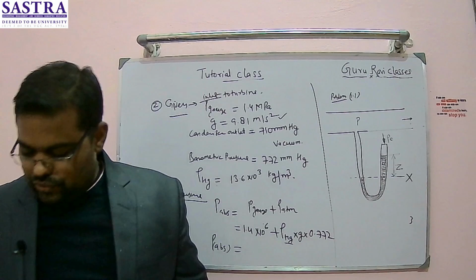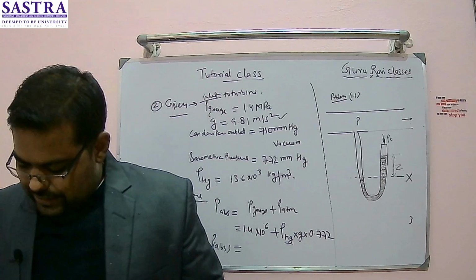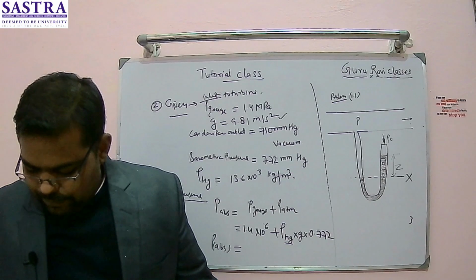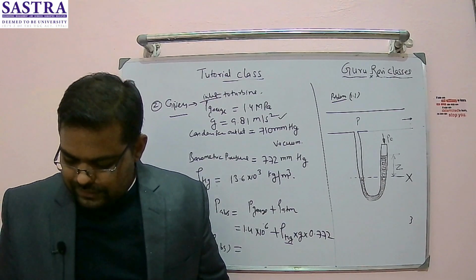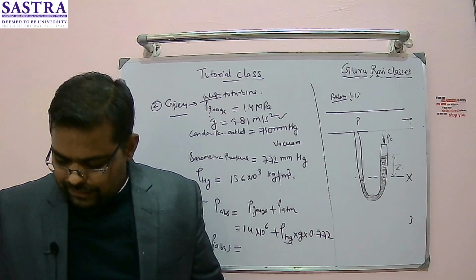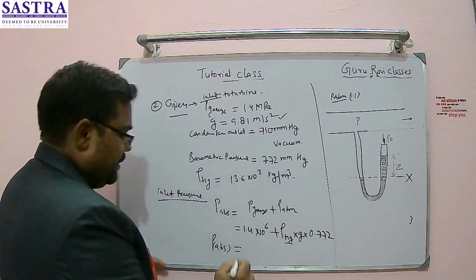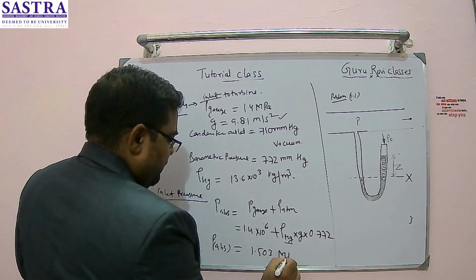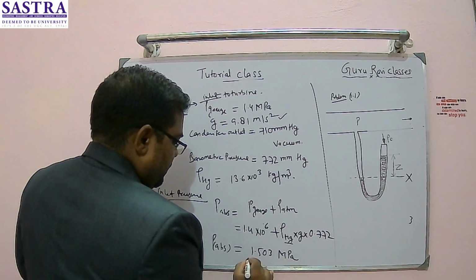You will get the value. So I will give you a direct value which is coming around 1.503 megapascal, right? So if you calculate that, you will get 1.503 megapascal as the final answer.